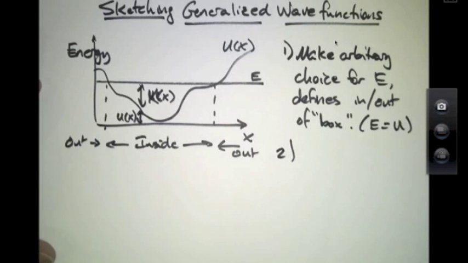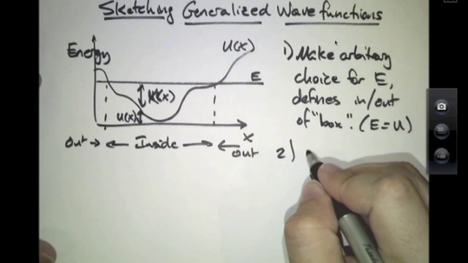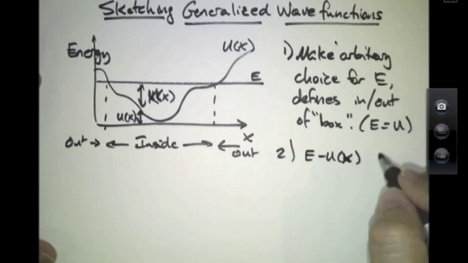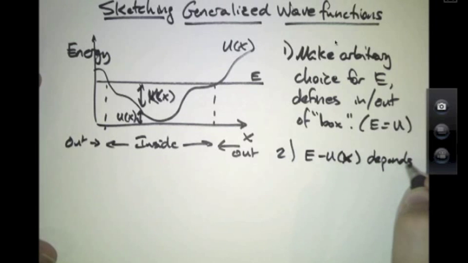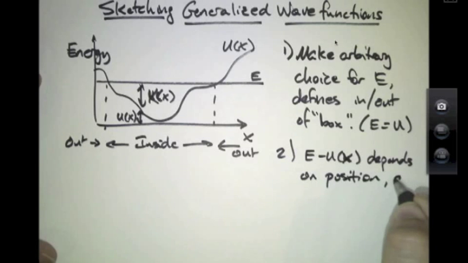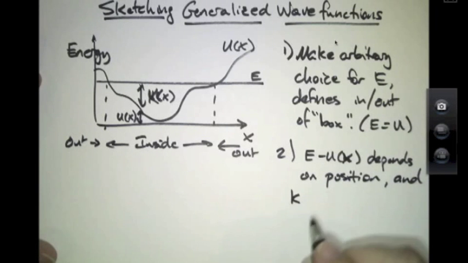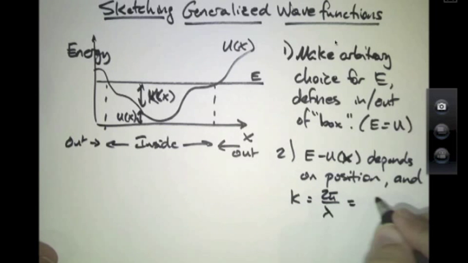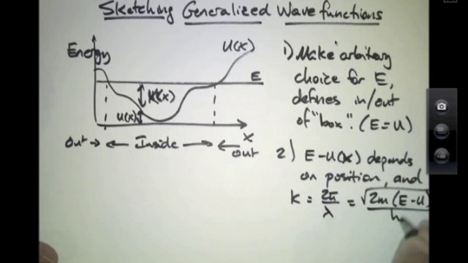The second strategy here is to remember that E minus U of x varies with position. And to remember that the wave number, which is 2 pi over a wavelength, is going to equal square root of 2m(E minus U) over h bar.